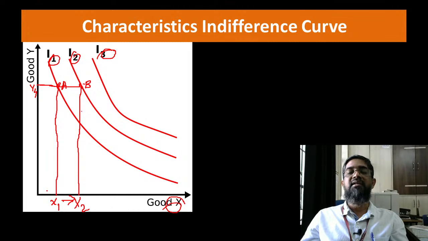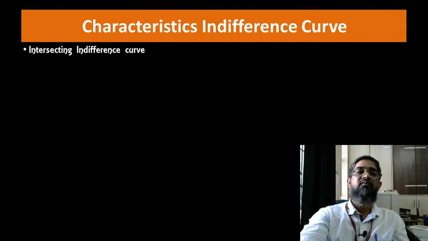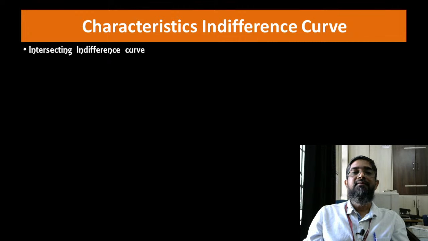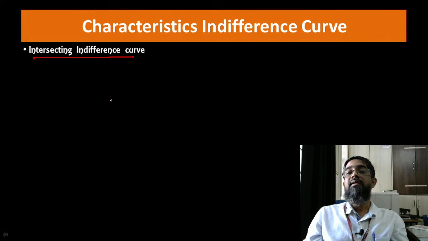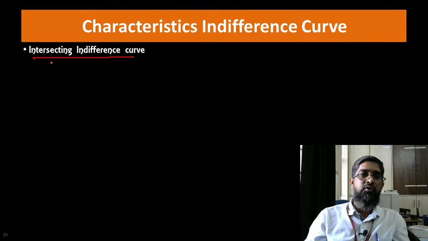This is another characteristic of indifference curves. And finally, indifference curves should not intersect each other. Indifference curves cannot intersect each other. I'll quickly tell you, this is the last diagram I am showing you.